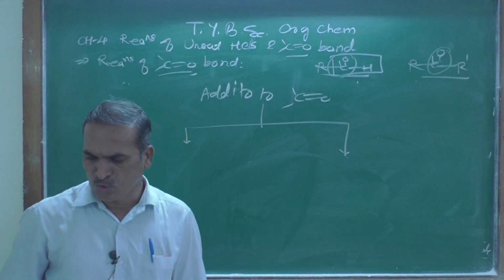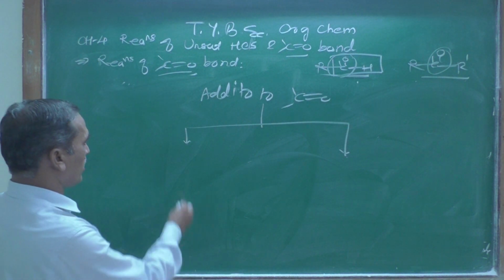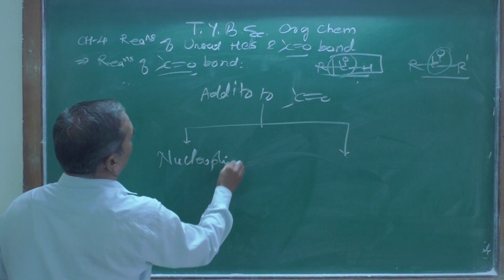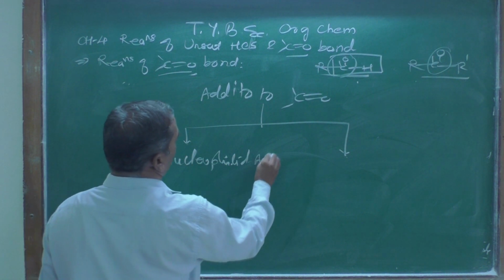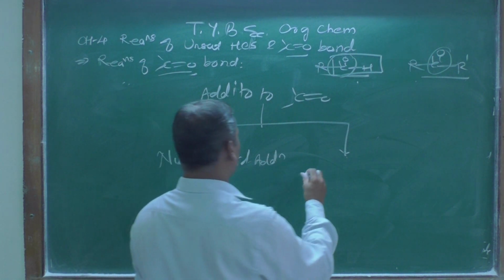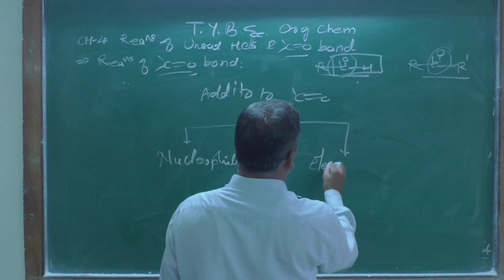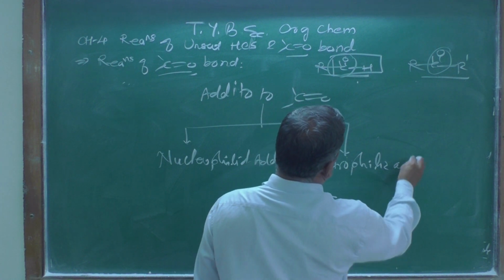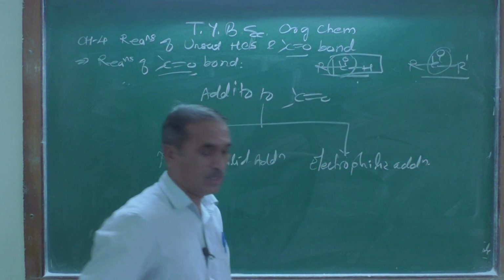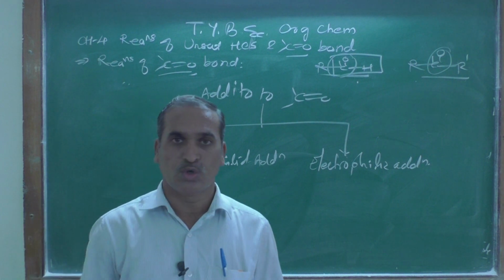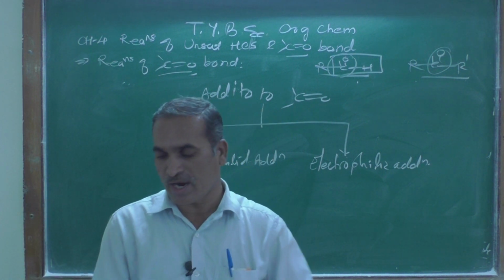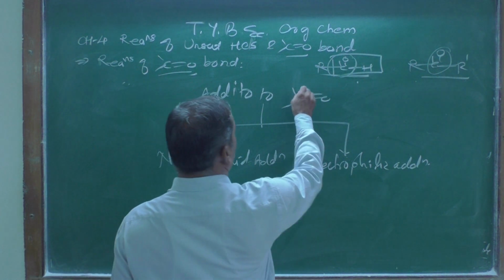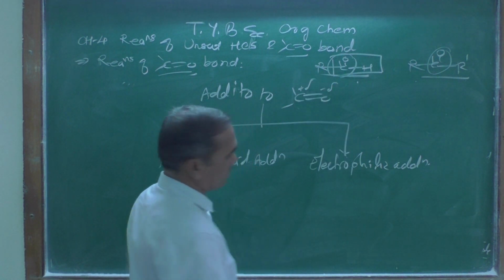One is called nucleophilic addition reaction, and the second one is called electrophilic addition reaction, right? Both kinds of addition reaction occur because the nature of this carbonyl group is plus delta charge, minus delta charge.